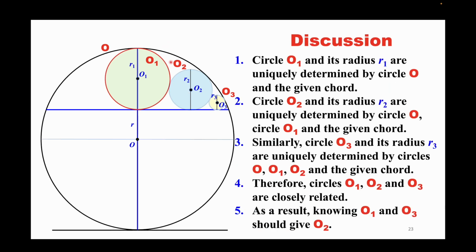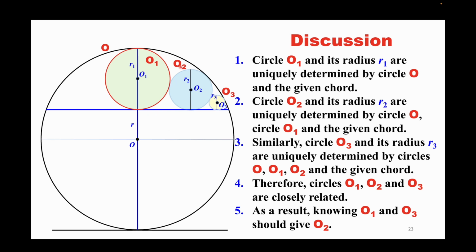So circle O1 and this radius R1 are uniquely determined by the big circle O and the chord. Similarly, R2 is uniquely determined by O1, O, and the chord. By the same reason, circle O3 is uniquely determined by O2, O, and the chord.